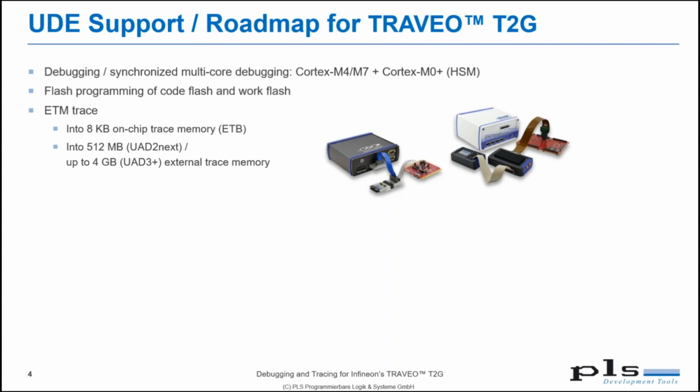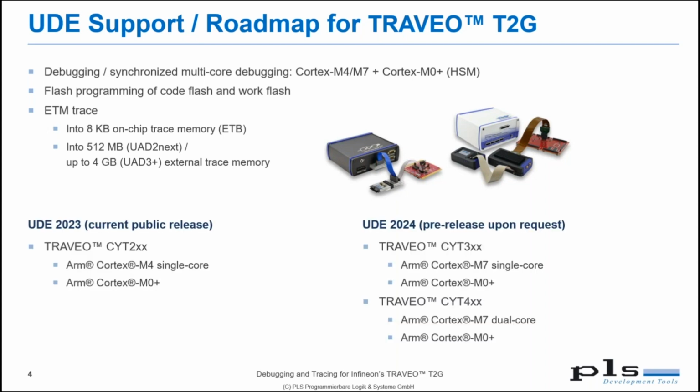For that, we have either the UAD2 Next in place, which provides you 512 megabyte trace memory, or if you need more, you can use our high-end UAD3 Plus device, which provides up to 4 gigabyte trace memory.